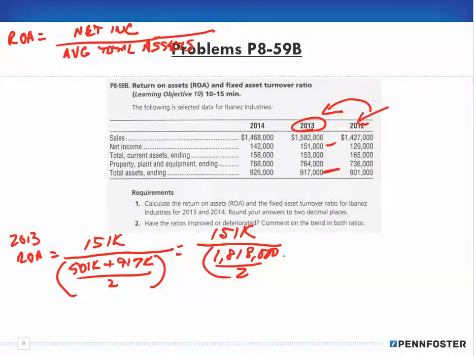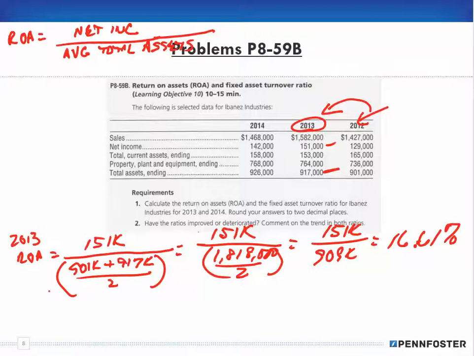That's divided by 2, which gives me 909,000. And if I take 151 divided by 909, I end up with 16.61%. Okay, so that's my return on assets for 2013.